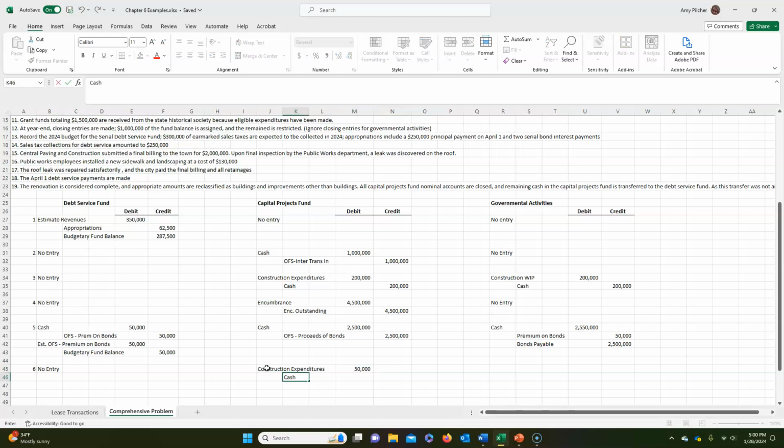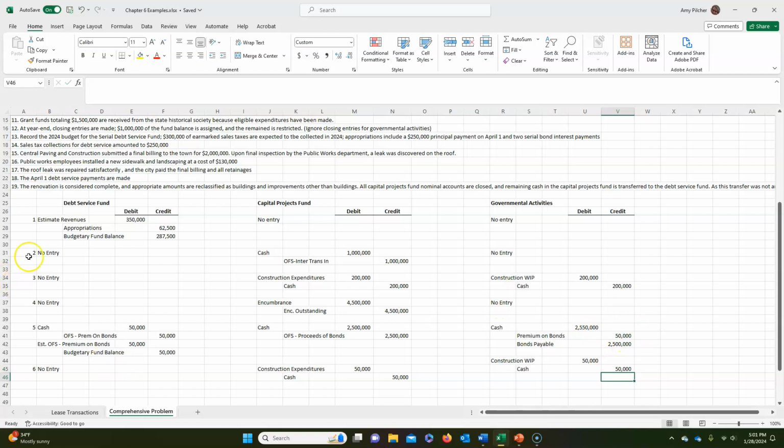And then cash of $50,000. And in the governmental activities, we have construction work in process of $50,000 and cash of $50,000.